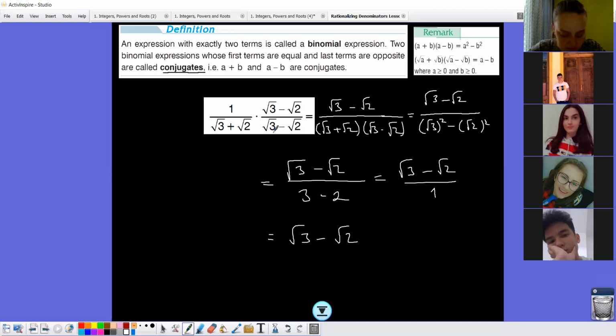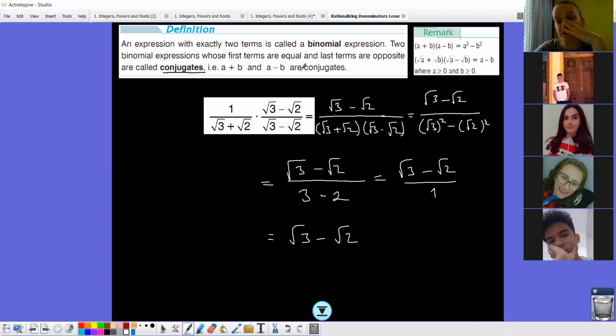Conjugate. Did we understand what conjugate means? Instead of plus, we write minus. We do the opposite of the last term, the second term. The first term is the same. For example, A stays as A, but B, you have here plus B, it becomes minus B, okay?